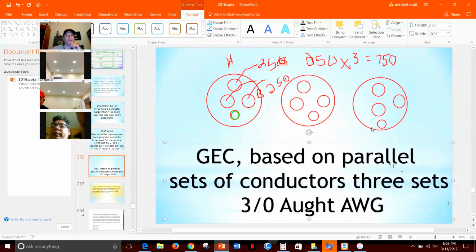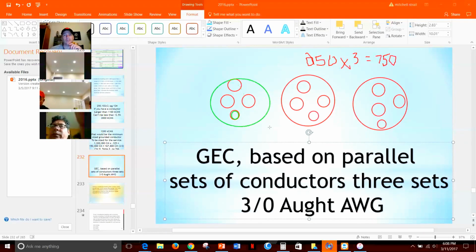So you've got 3 sets of a 3-phase 3-aught conductor. So in this pipe right up here, instead of 250 kc mil, I've got a 3-aught, 3-aught, 3-aught. So size those 3 pipes based on these 3 wires being a 3-aught conductor.